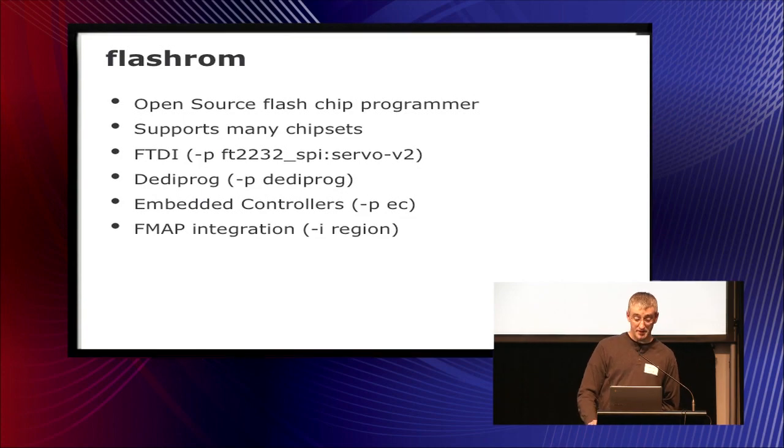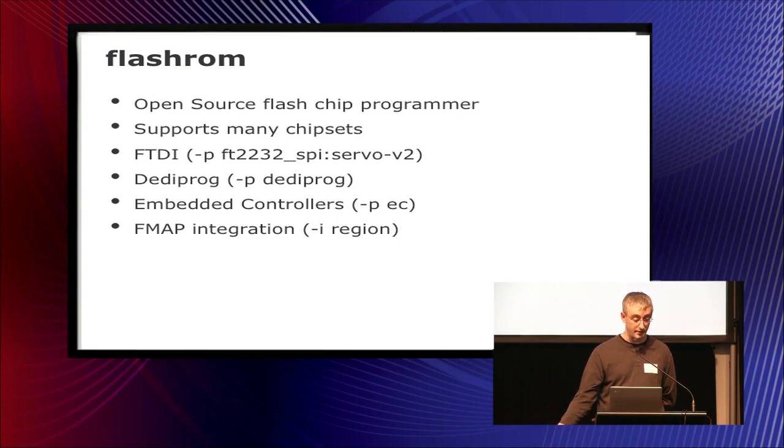The biggest piece of this is flashrom that I mentioned before. This is an open source flash chip programmer that's been alive for a very long time. We've made a number of customizations to it to integrate FMAP, because that becomes very important for working with individual regions. We also do some different flashing that people may not in a normal system. We like to use FTDI for our debug interface.